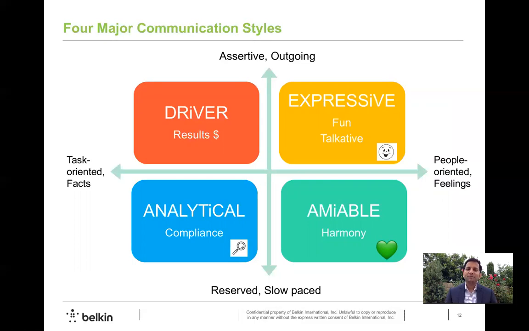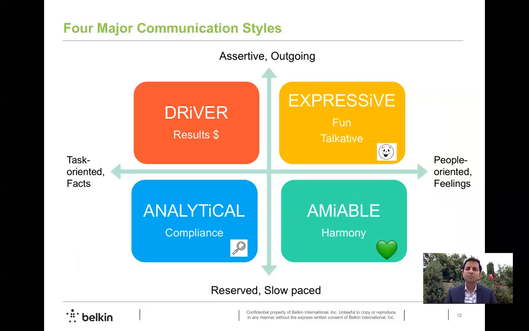On the top half, we have the active styles, the driver and expressive. They are focused more on the future, how things could be, constantly changing and looking forward and moving forward. And instead of wanting all the details and relying on their five senses, they rely more on their gut instincts.